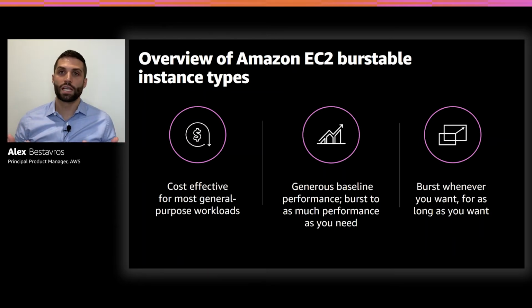So we also built in the capability for you to be able to run the instances at full performance for as long as you need. However, when you start getting to that point, then you need to start reevaluating. Does this really fall under the moderate to low CPU utilization use cases? And should you be moving to a non-burstable instance type? But the key thing is that you have that flexibility, and you can always start here and then move and adjust as your workload becomes more predictable.